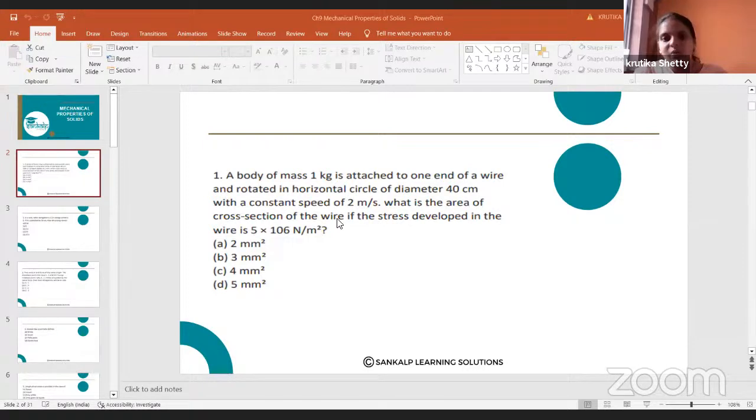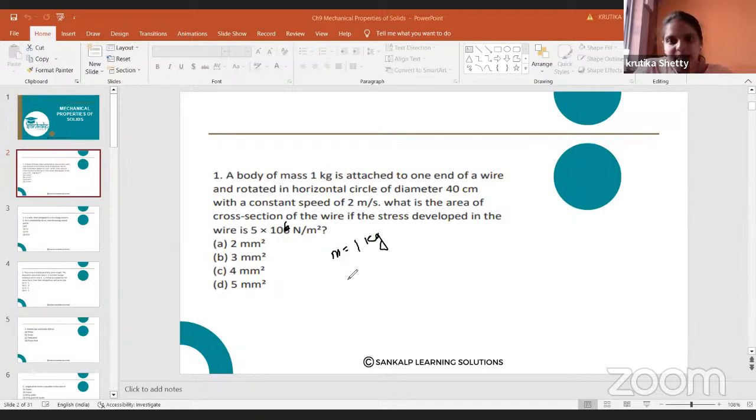What is the area of cross section of the wire if the stress developed in the wire is 5 into 10 to the power of 6 Newton per meter square. So in the given data, mass is 1 kg.